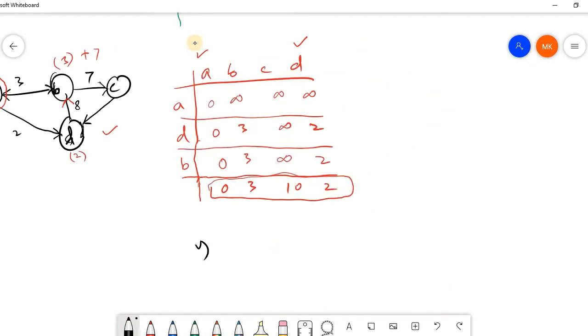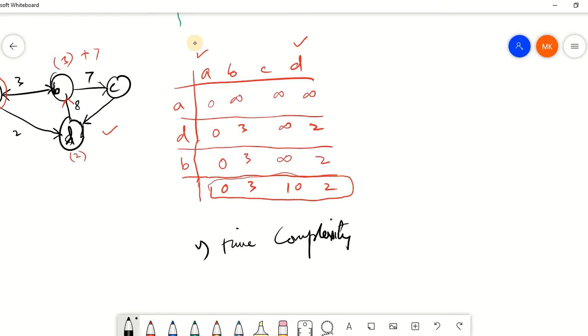Finally, we are going to talk about the time complexity of Dijkstra's algorithm. Time complexity of Dijkstra's algorithm can be observed in two different ways.